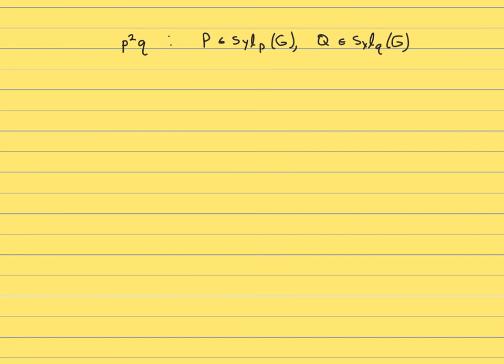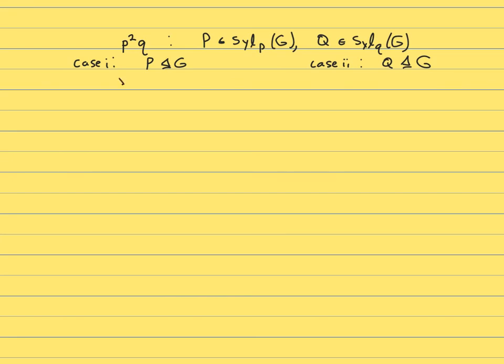So it turns out you end up in these 2 possible cases, where either P is normal in G or Q is normal in G. And naturally, in either of these 2 cases, because there ends up being a Sylow subgroup of the opposite size, you can prove that whatever group you get is a semi-direct product.